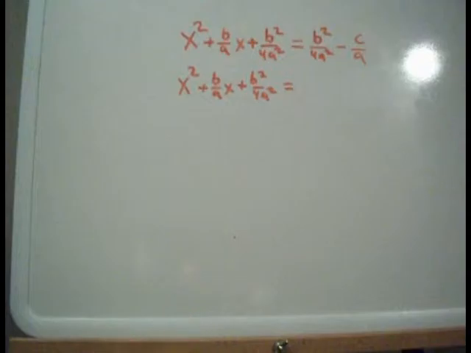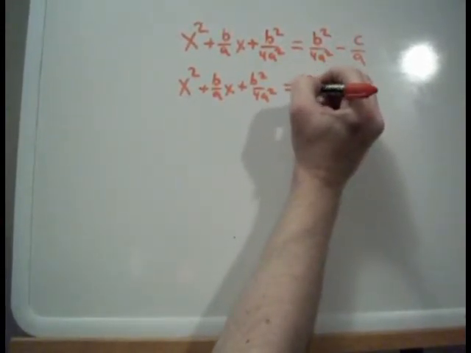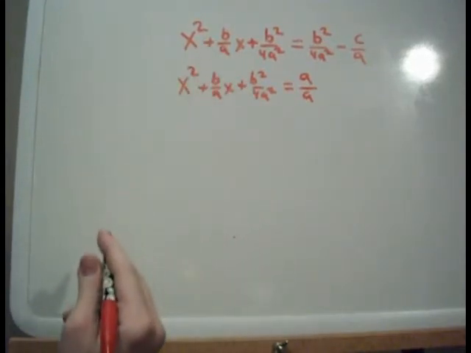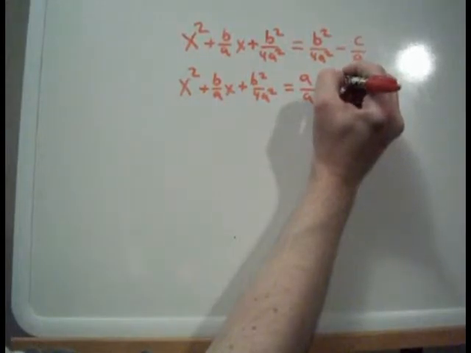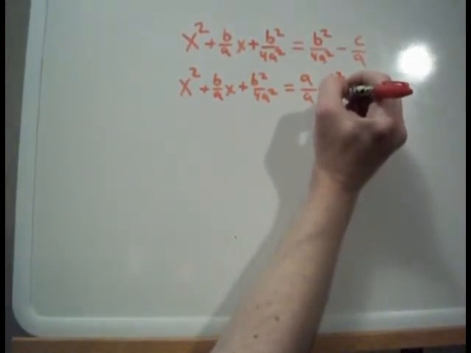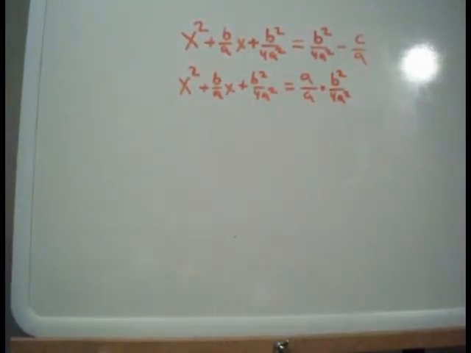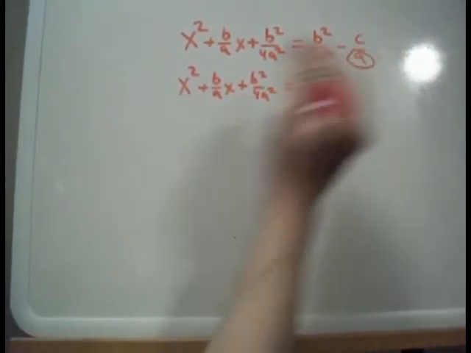Well, what is 1 divided by 1? 1. That's what it is. Now then, what is A divided by A? Well, A divided by A is 1. So we're going to take this and multiply it by that. Now where do we get the A? We got the A from right here. That's where we got the A. That A is now this.